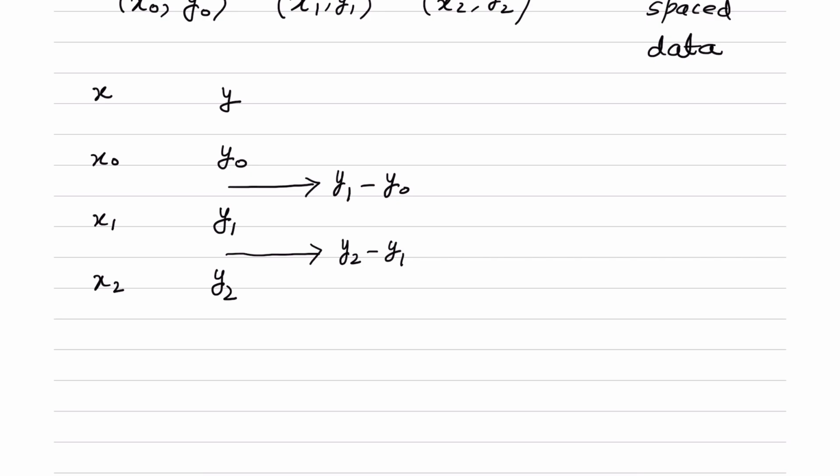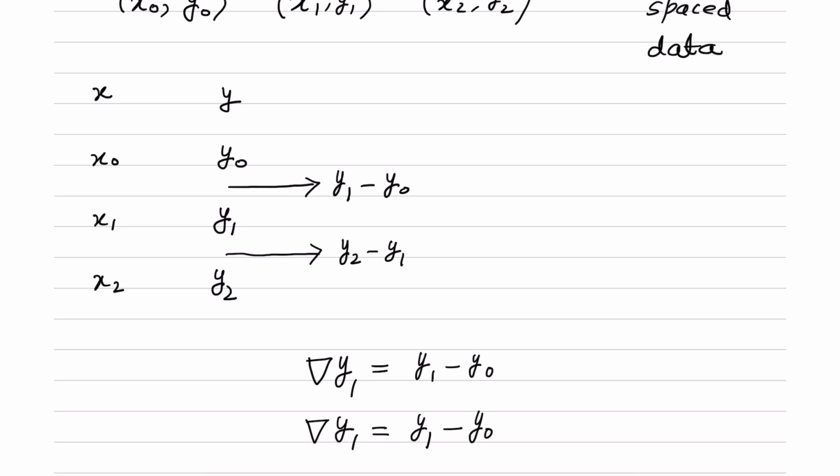Now let's see what the notation of y1 minus y0 is. If you recall the backward difference operator, y1 minus y0 can be written as backward y1. The backward operator acting on y1 stays at y1 and calculates the difference with one value behind y1, and one value behind y1 is y0.